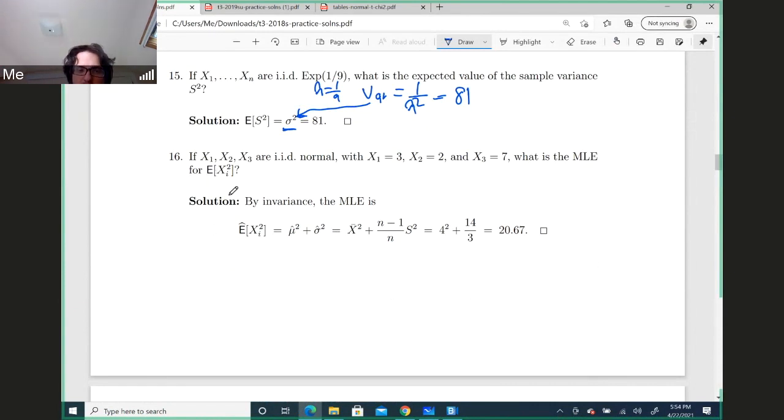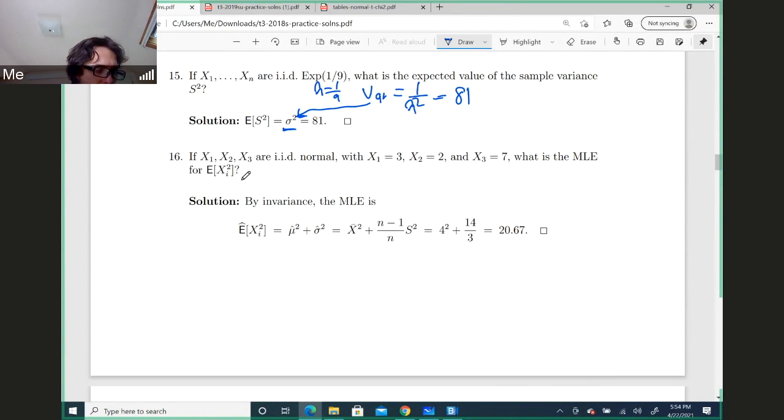Cool. Question 16. If you have 3 normal random variables with x1 equals 3, x2 equals 2, and x3 equals 7, what is the maximum likelihood estimate for E of xi squared?